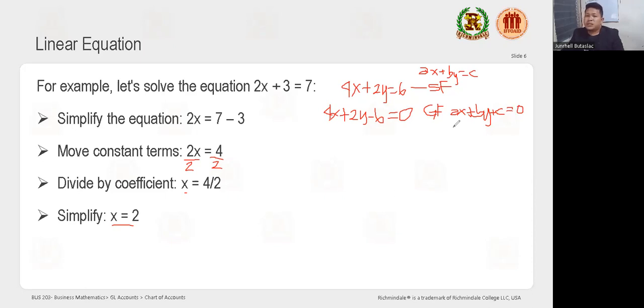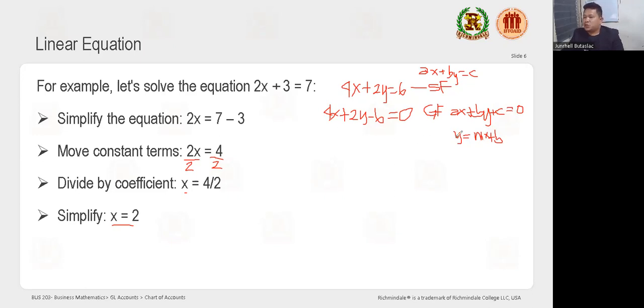What about slope-intercept form? For slope-intercept form, it will be y is equal to mx plus b. Y here is the variable. The m here is the slope. Then the x here is also a variable. Then b is a constant, or let's say a real number. Or b here can also be the y-intercept of the equation.